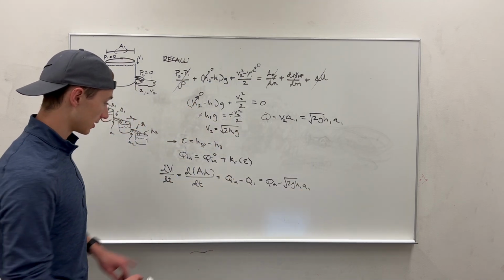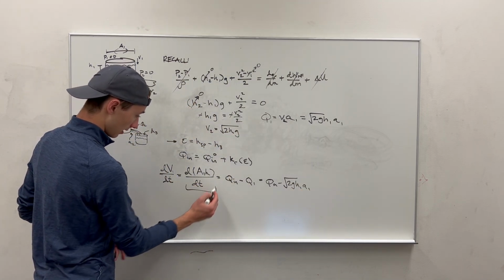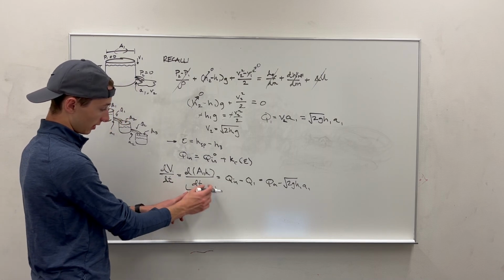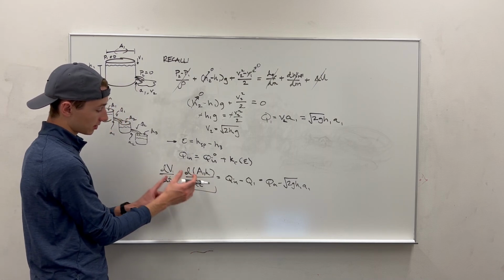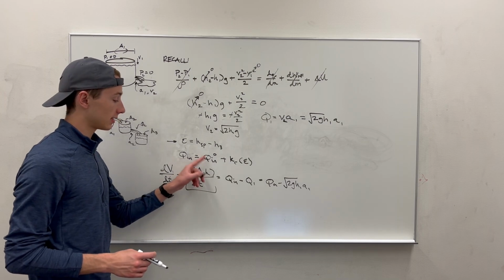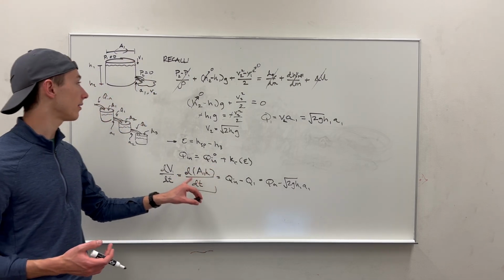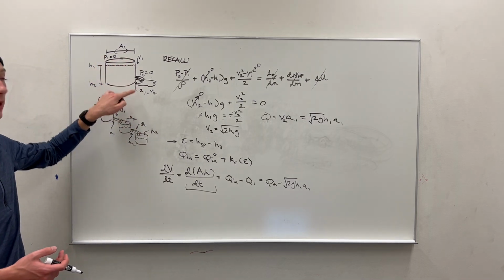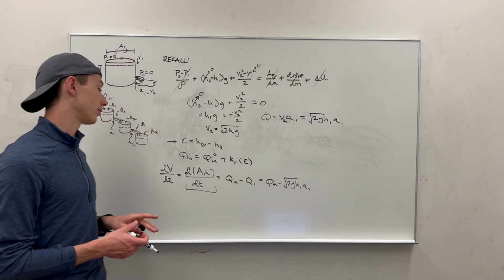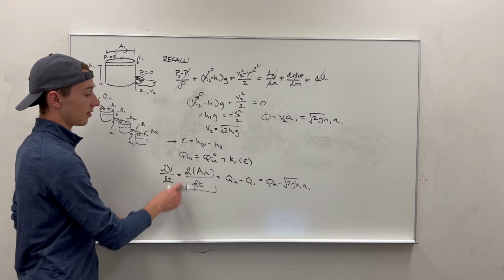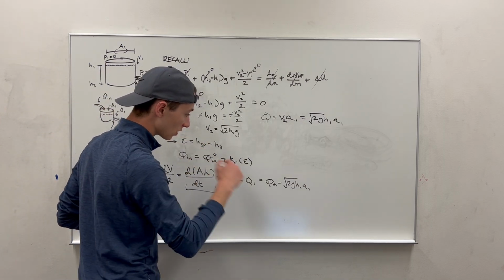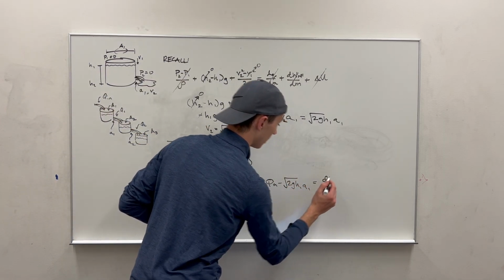One other thing here is we see that in this little expression, I described the rate of change of volume as the rate of change of area times height. But the only thing that's really changing with respect to time here is height. The area is not changing. The cross-sectional area of the tank remains constant as the fluid level decreases. So we can really take this out and divide it across. What we get is the rate of change of height.